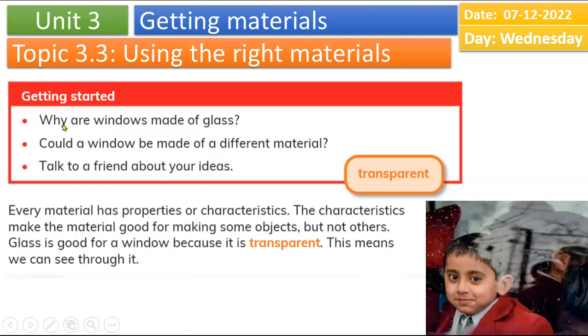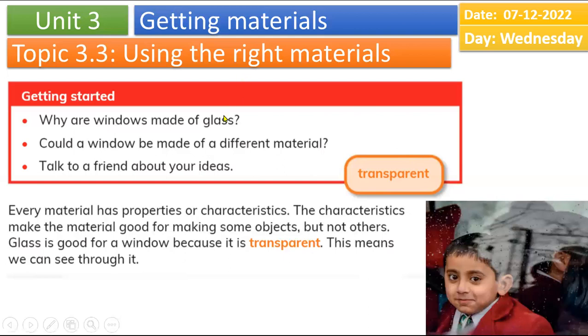So why are windows made of glass? Why don't we use the wood and the rocks? Simple, the wood and the rocks are not transparent. We cannot look at the other side from the rock and wood.